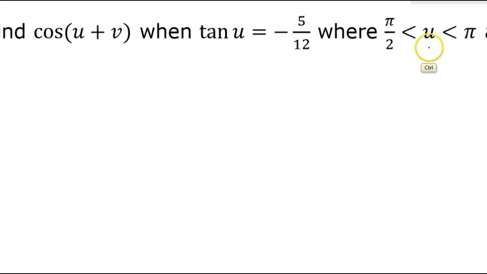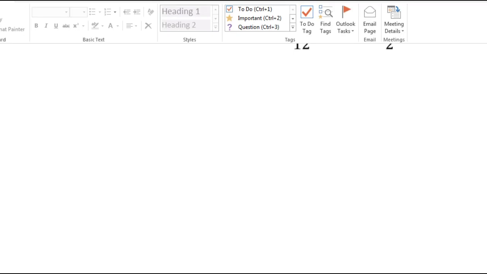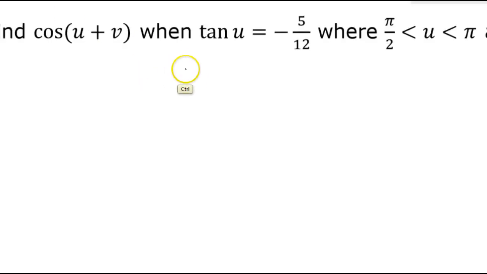We have angle U is between pi over 2 and pi. So let's do a little sketch of that. Between pi over 2 and pi, that is the second quadrant. So I'm just going to do a little sketch in the second quadrant like this.